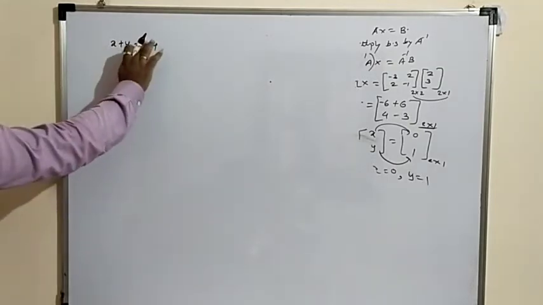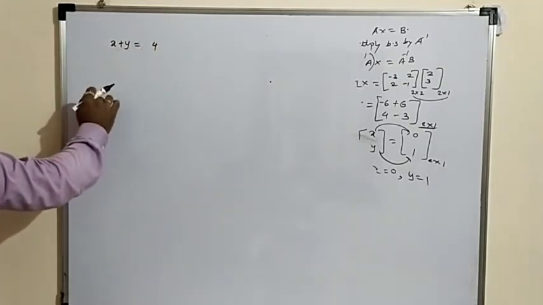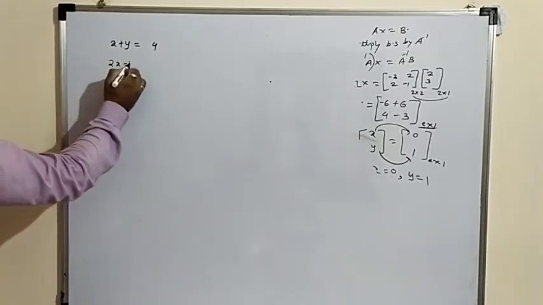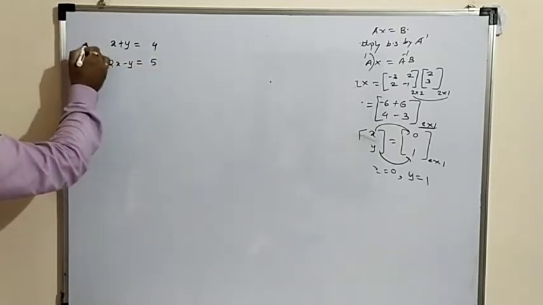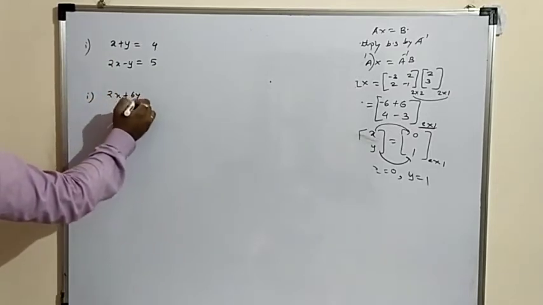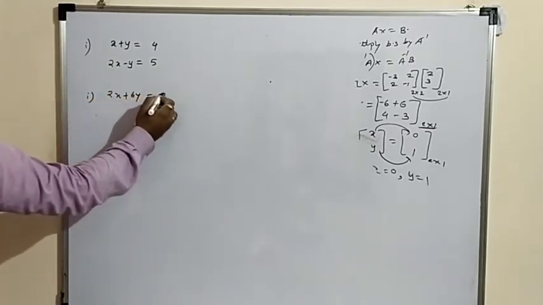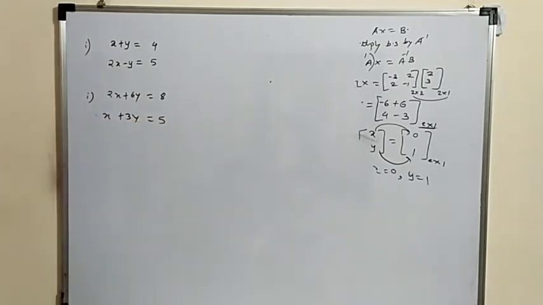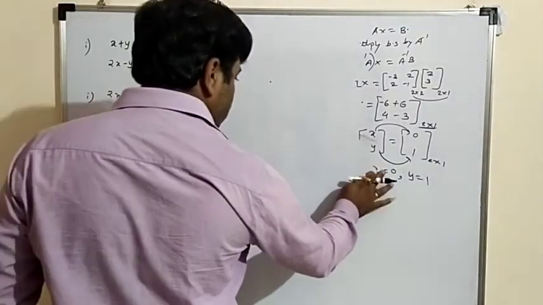Sorry. 2x minus y is equal to 5. This is the first, and this is the second example: 2x plus 6y is equal to 8, x plus 3y is equal to 5. We have to solve these two equations. Any doubts, ask me. Okay, this is for homework.